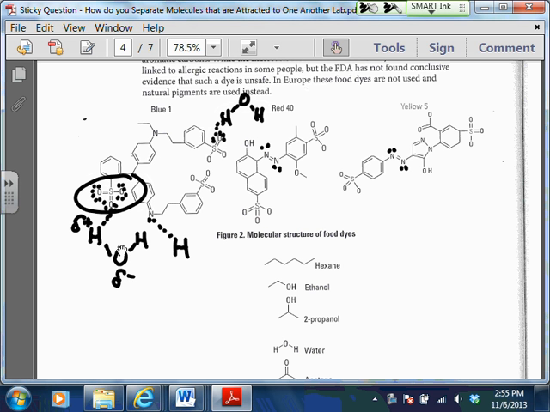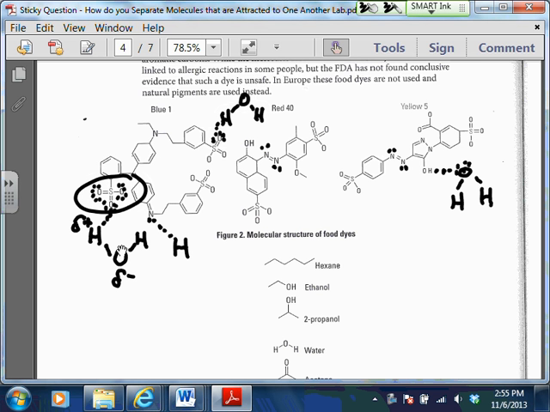That's going to happen in several different places. And then you've got these OH groups down here where this hydrogen is probably going to be attracted to the oxygen end of a water molecule, okay? Because this has lone pairs on it. It's a horrible drawing. But that's basically what you want to do, is you want to show this, and I would do it for water.